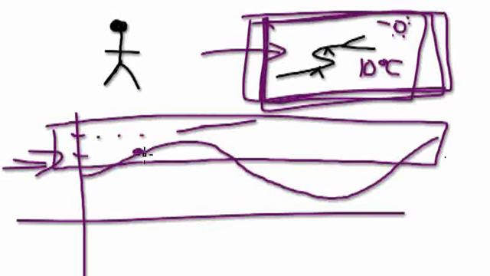Let's say the lizard can move around when its body temperature is within this range here. When it's at night, it needs to go into hiding because it cannot move around. It cannot move around when its body temperature is below a certain level.